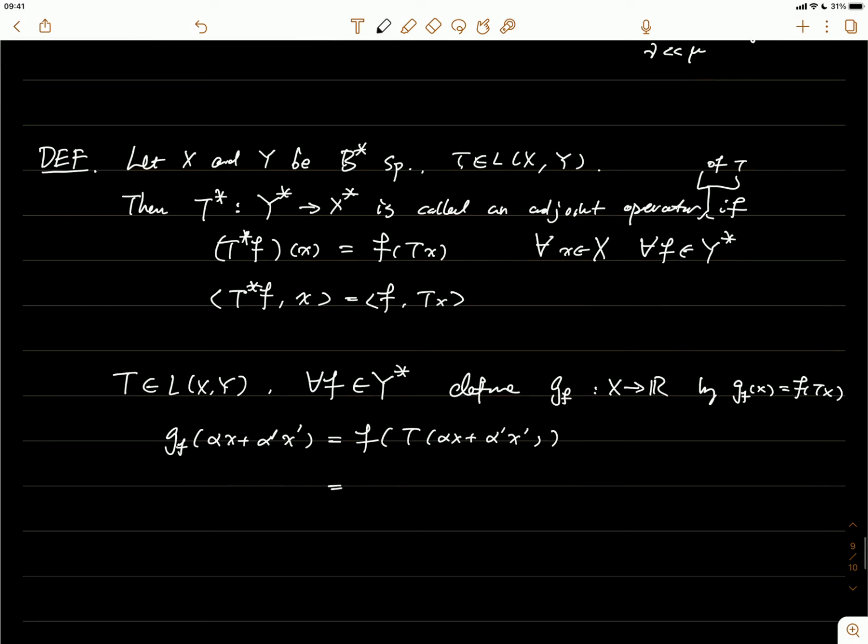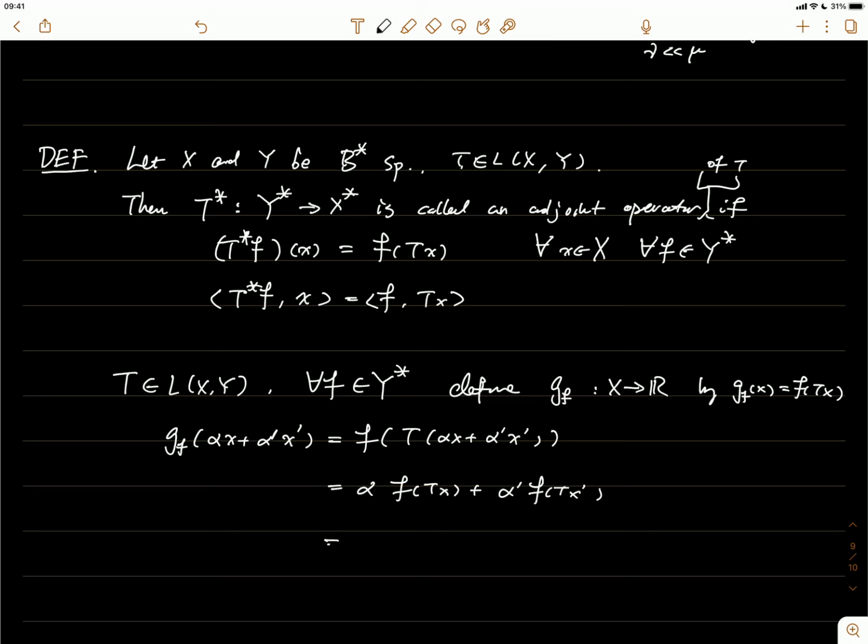And then this is equal to F of alpha Tx plus alpha prime Tx prime, which is alpha F of Tx plus alpha prime F of Tx prime.